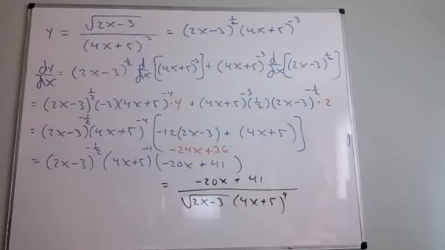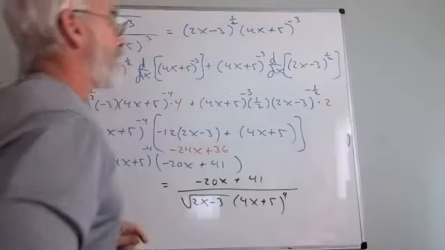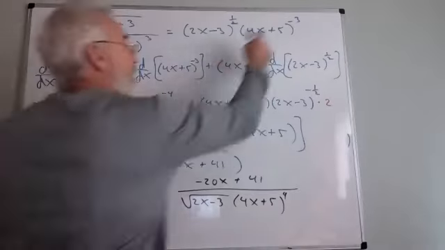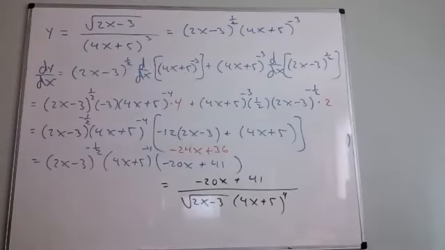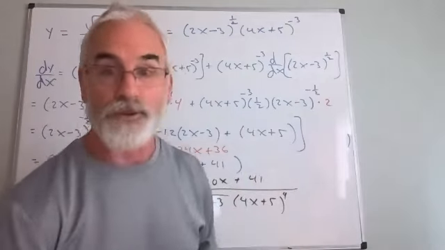So if you go back and look at the original problem, I had a quotient that had a 1/2, that had a 3. But if I wrote it as a product, I had these exponents. You notice in my final answer, this exponent decreased by 1, this exponent decreased by 1, and that's exactly what I should have expected. So this one here was difficult. This was more complicated than most, but this is the kind of problem, if you can do this one, then you can do anything.